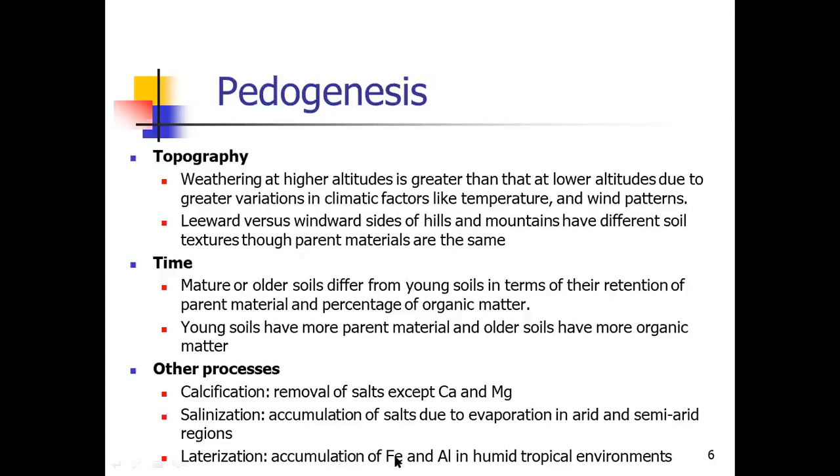Laterization is accumulation of iron and aluminum in humid tropical environments. Where we live right now are typical environments in which iron and aluminum get accumulated over a long period of time. So that's an example of laterization of soil. All these three factors, calcification, salinization, laterization, all three reduce agricultural productivity.